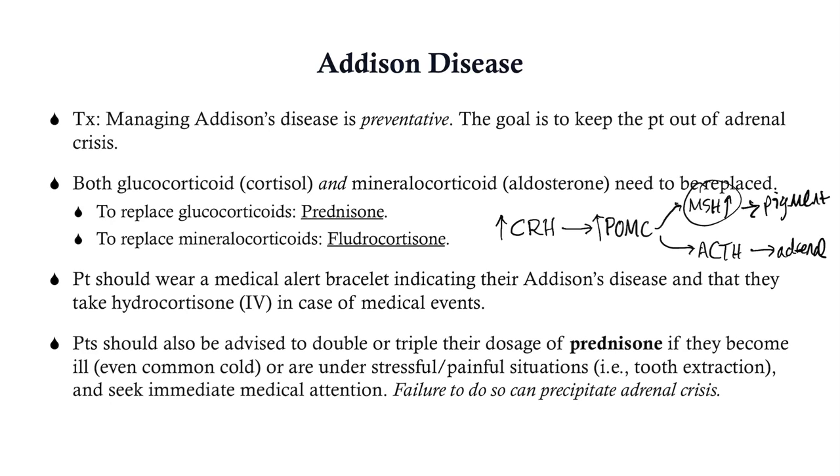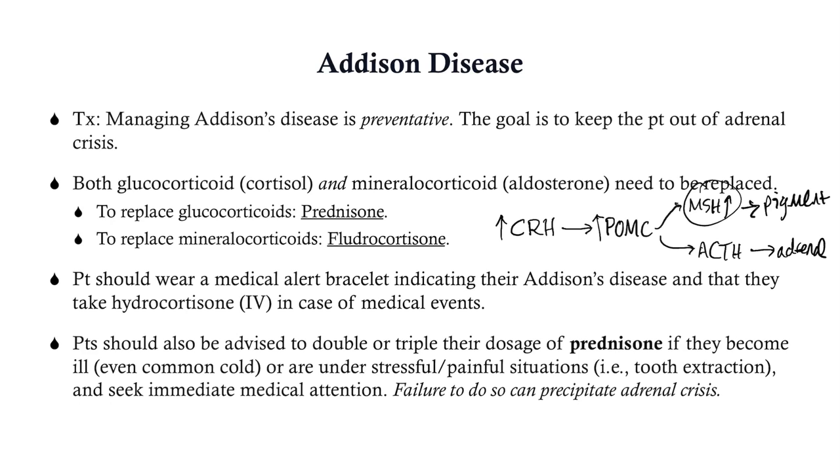So all these patients should wear a medical alert bracelet indicating that they have Addison's disease, because if they're unresponsive and they need to go into surgery, the surgeon, the anesthesiologist is going to need to know that they need hydrocortisone stat because they can go into an adrenal crisis.